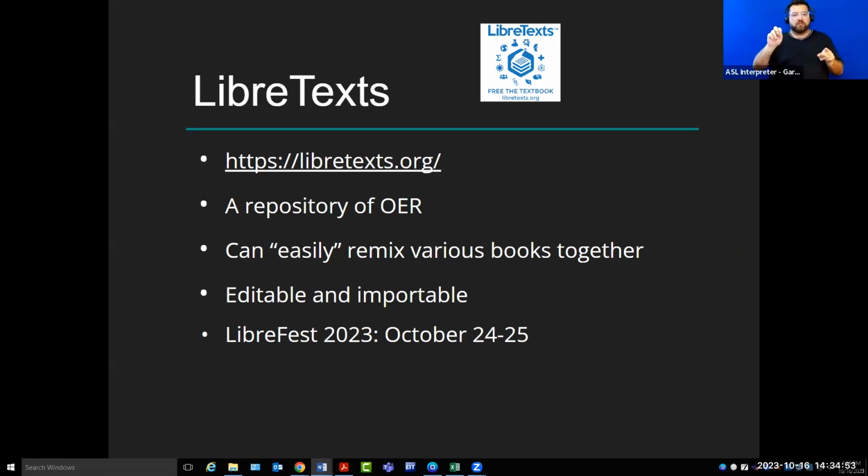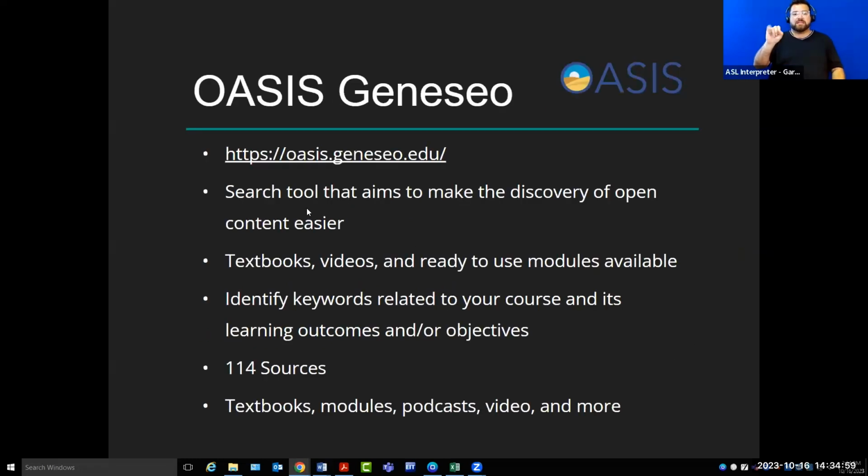Okay, the next one is Oasis. So this is a search tool whose goal is to make the discovery of open content easier. It has all kinds of different sources, textbooks, videos, and modules. You can use keywords related to your course. It's got 114 sources, so it's not a huge repository.